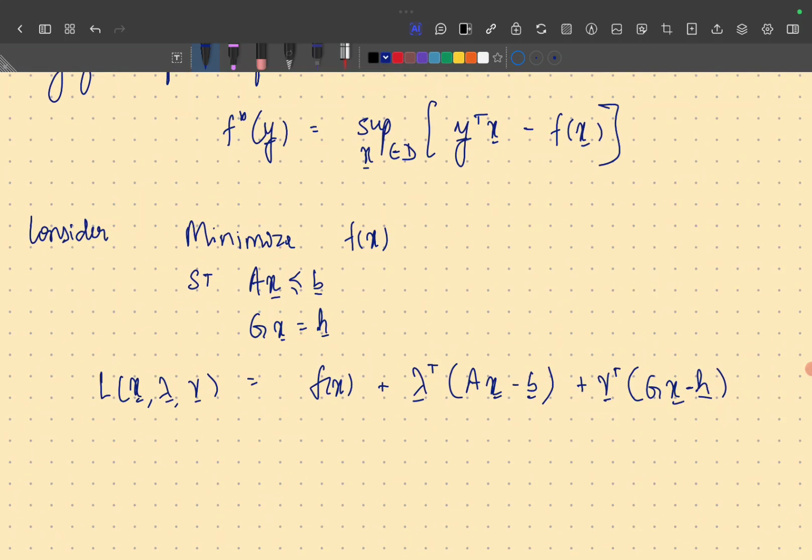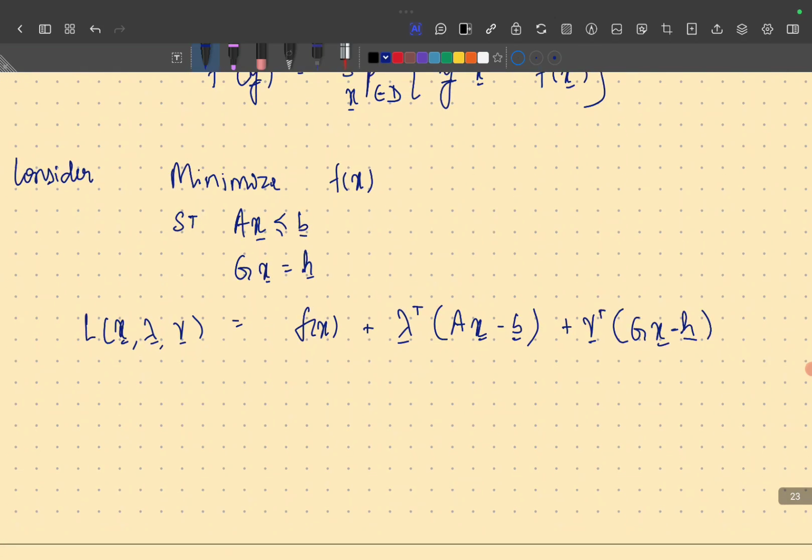I want to show that g of lambda comma nu can be expressed as a function of the conjugate of f in some way. So I want to first bring the Lagrangian into a form that looks similar to something transpose x minus f of x. First let's collect all of the terms that don't involve x at all, then the terms which are linear in x, and then the rest.